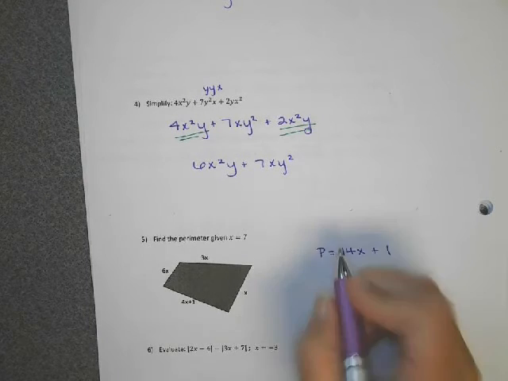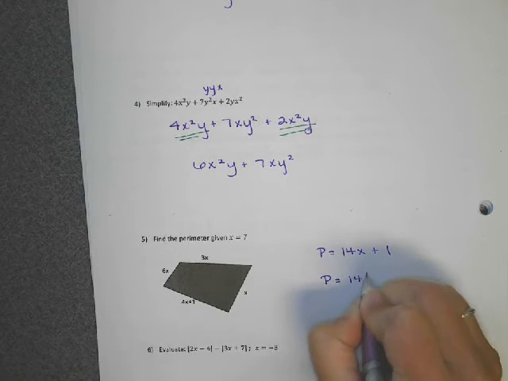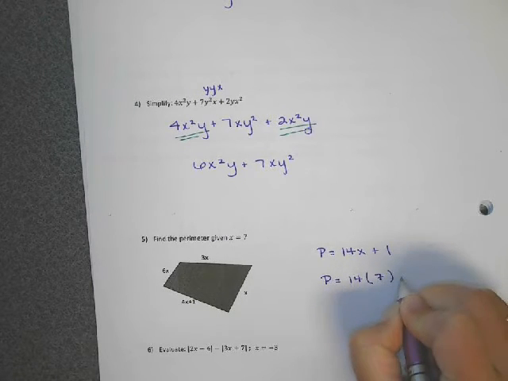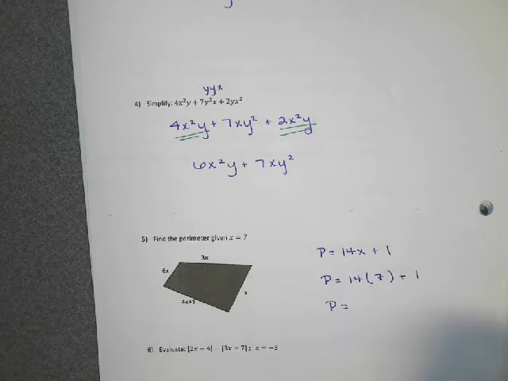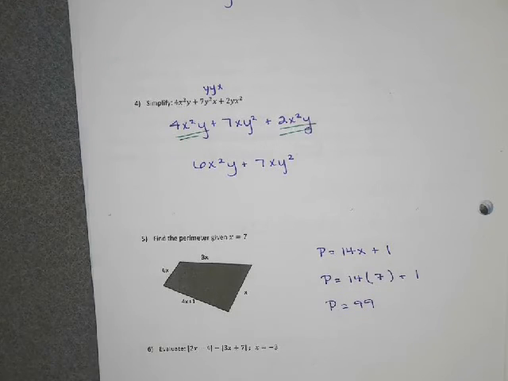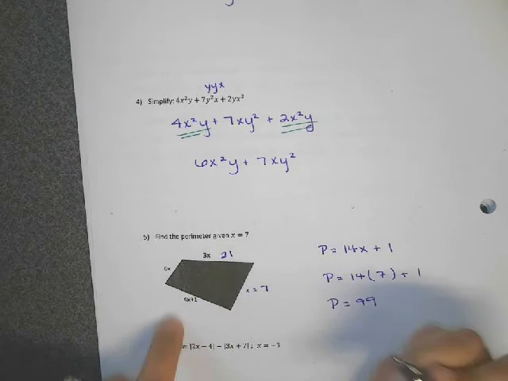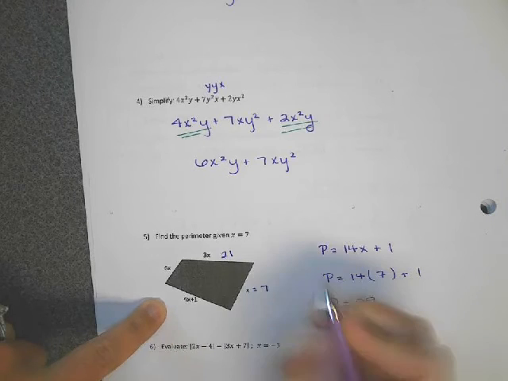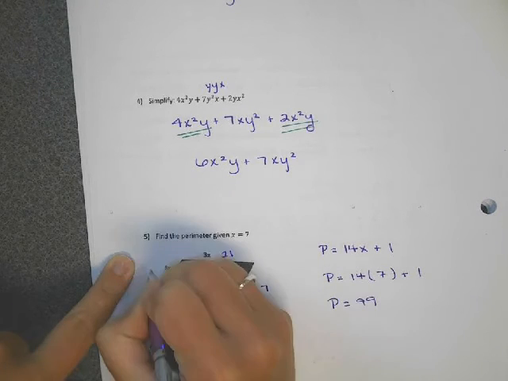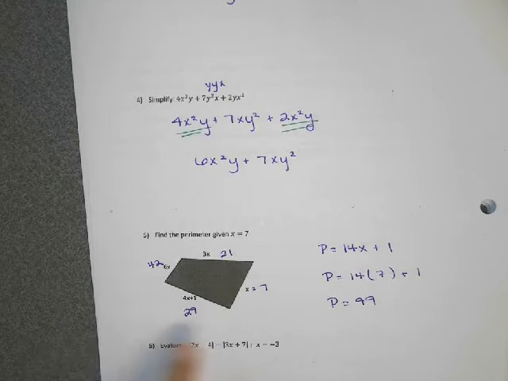So I can do it like that and then actually take and say, okay, now plug in x is 7. I believe that's 98 plus 1, so it ends up being 99. So you can do it that way, or you can say, okay, 3 times 7, this side's 21, this side is 7, this one's going to be 29, this side would be 42, and then add up those 4 numbers.